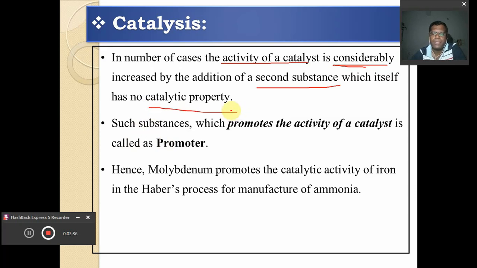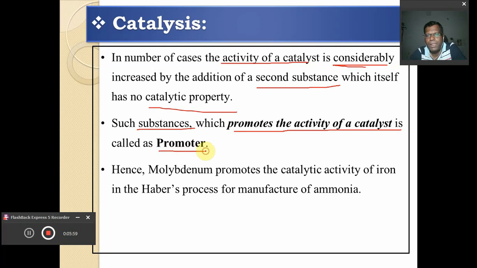Such substances which increase or promote the activity of the catalyst in the reaction are called promoters.